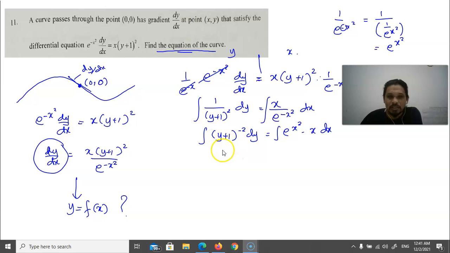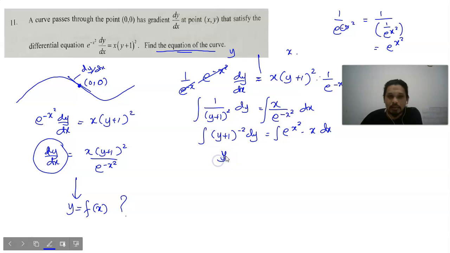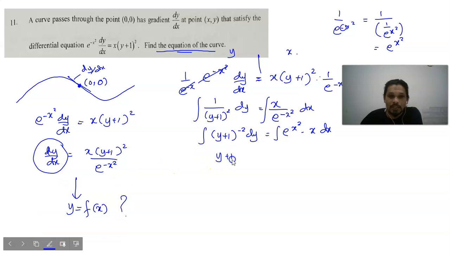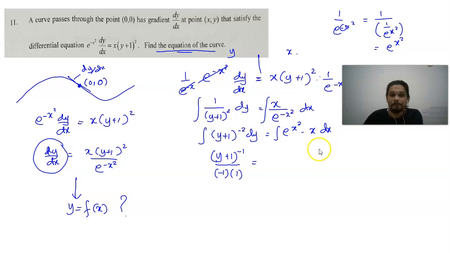So the integral of this gives you (y plus 1) to the power of the index plus 1, so negative 2 plus 1, power of negative 1, divided by negative 1, multiplied with the derivative of (y plus 1) with respect to y, which is 1 here. And then what about this one on the right side? The integral of e to the power of x squared x dx.